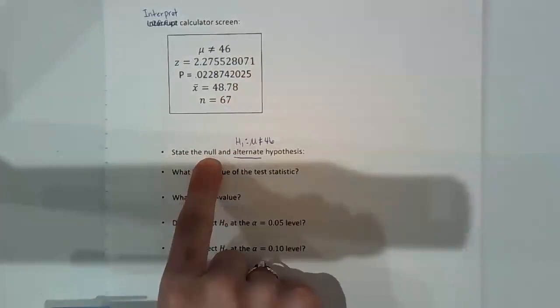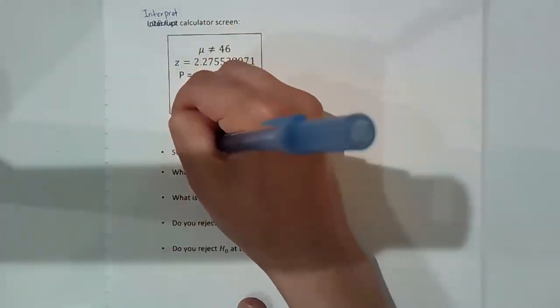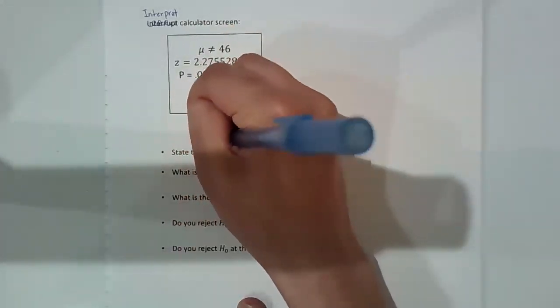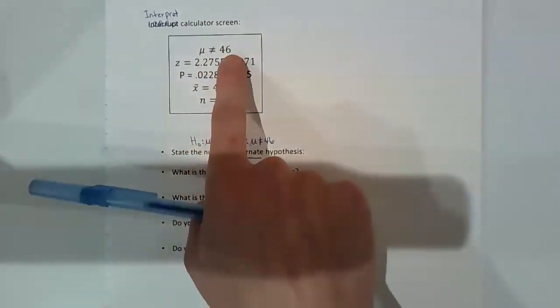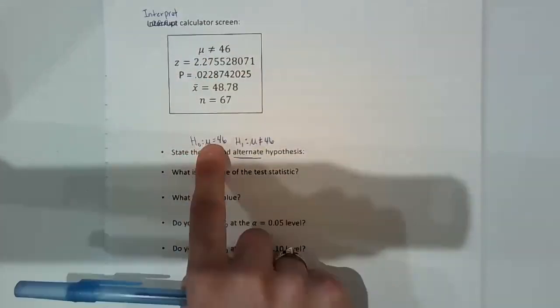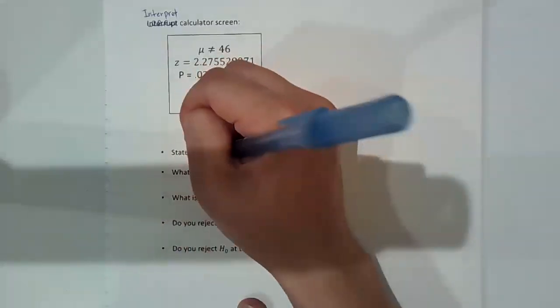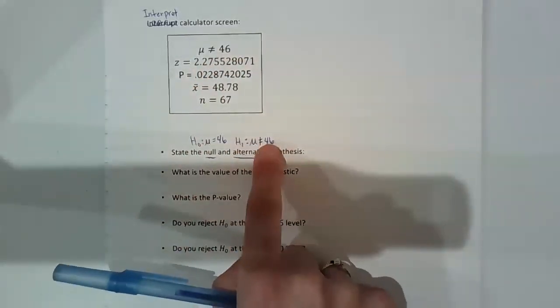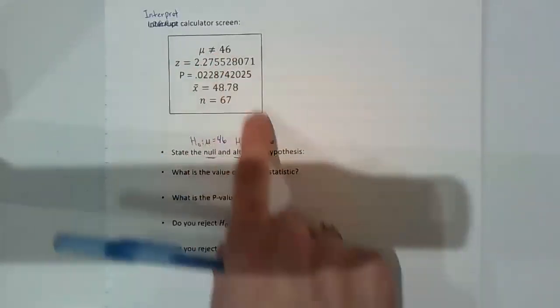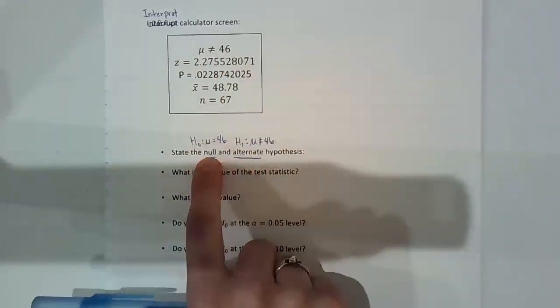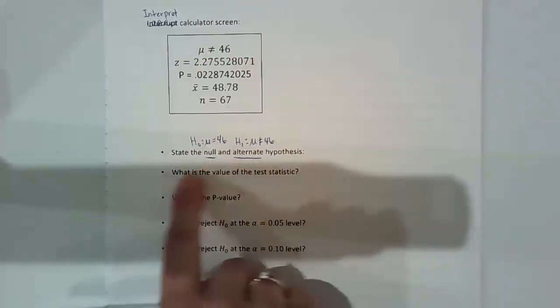The null, we know the null is always equal to that mu, to that mean of the population. So there's the null, there's my alternate. The calculator screen gives you the alternate, and from there, you should figure out your null.